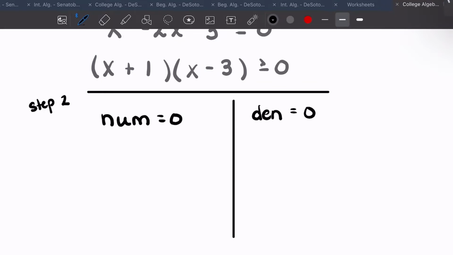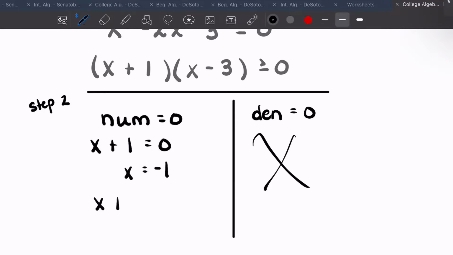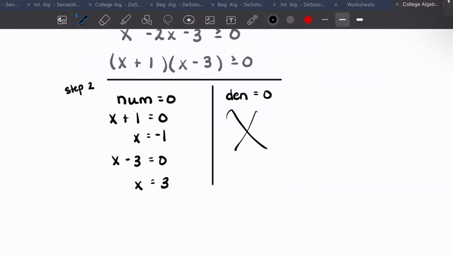We have x plus 1, x minus 3, no denominator, so that side will be blank. If we had one, we would just set it equal to 0. But here we have x plus 1 equal to 0, so x equals negative 1. And x minus 3 equals 0, so x equals 3. That's step 2. I found the zeros of my numerator and denominator.